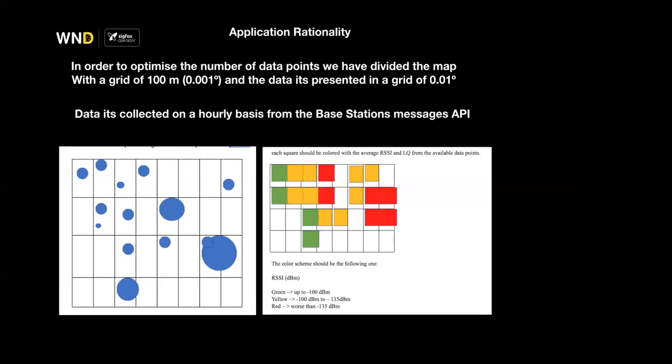Then we take the average over the grid and tell you that in this grid the average RSSI is X, the average link quality is Z, and the number of base stations received by the collection of all devices in that grid was this one. So you get precise information, grid by grid, of how many base stations can be received, the signal level, and the link quality.